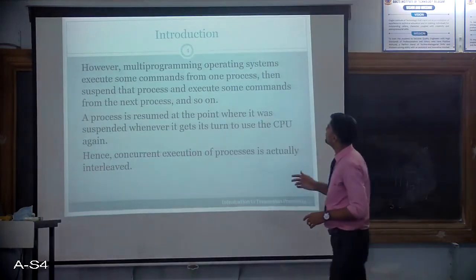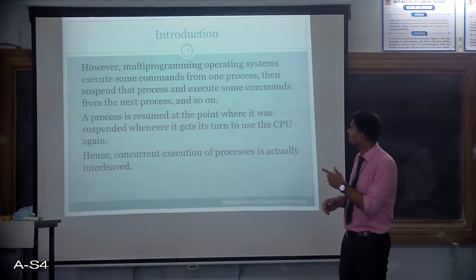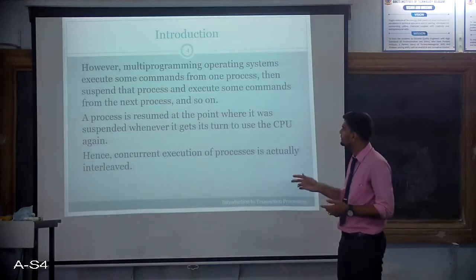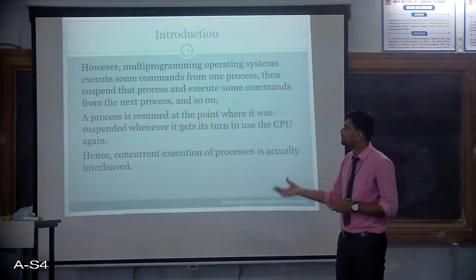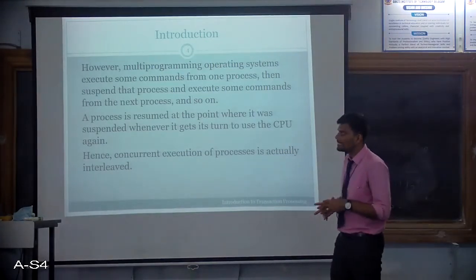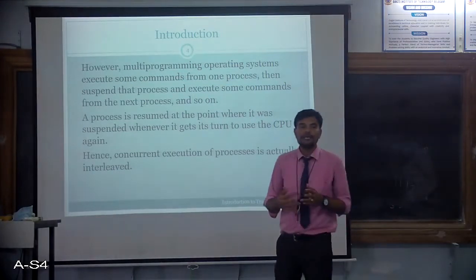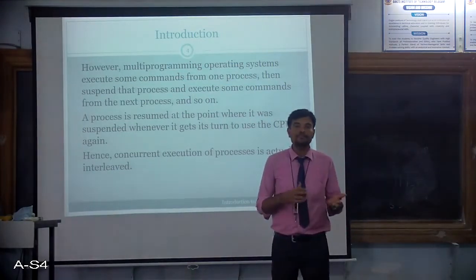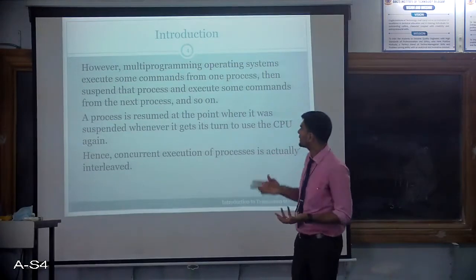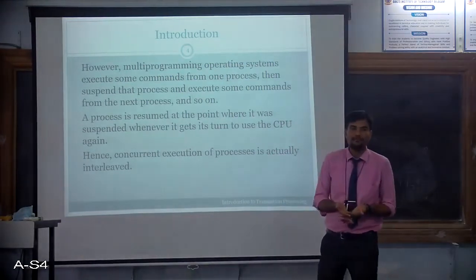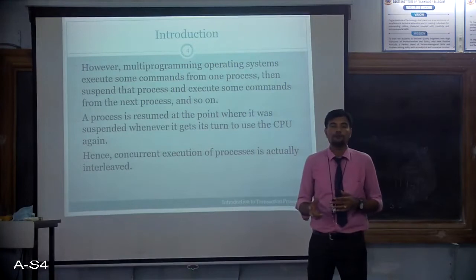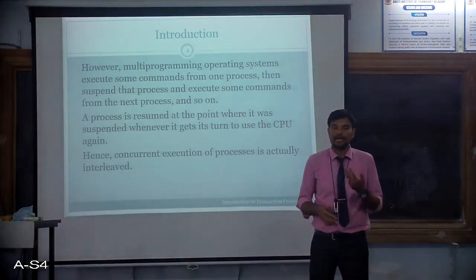However, in a multi-programming operating system, it executes some commands from one process, then suspends that process and executes some commands from the next process, and so on. So here in multi-programming, when multiple users are executing on the database concurrently, the operating system allows multiple programs or processes to execute at the same time.